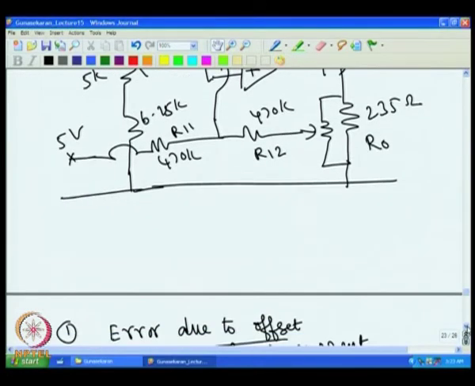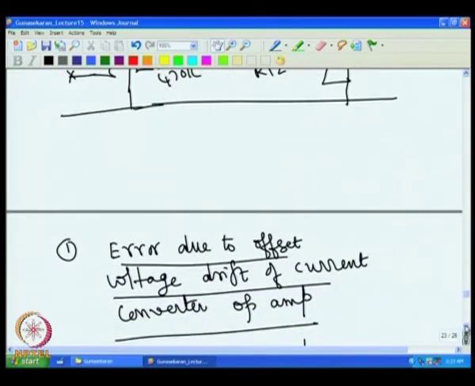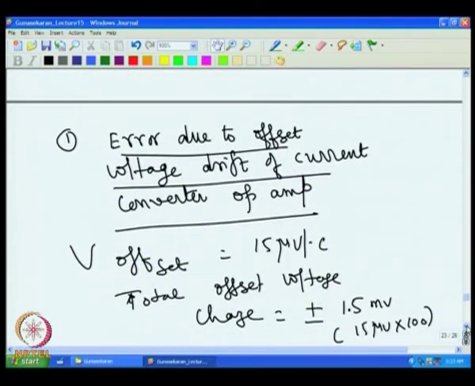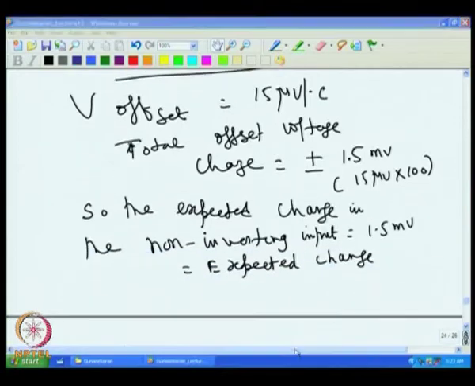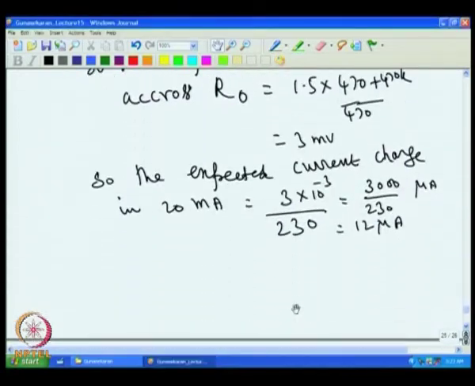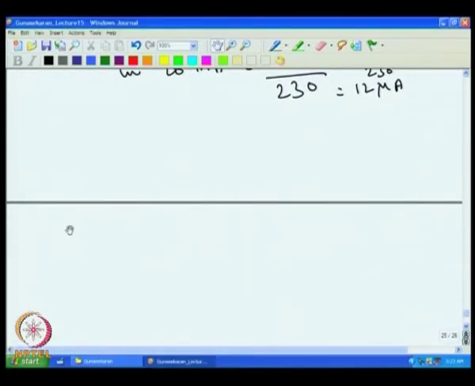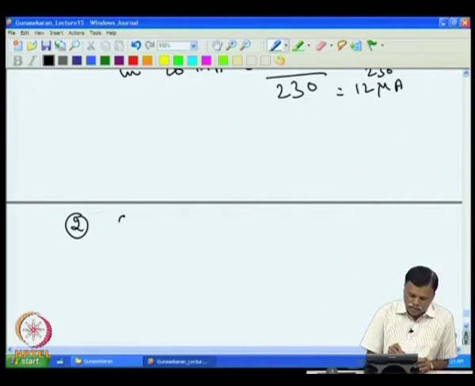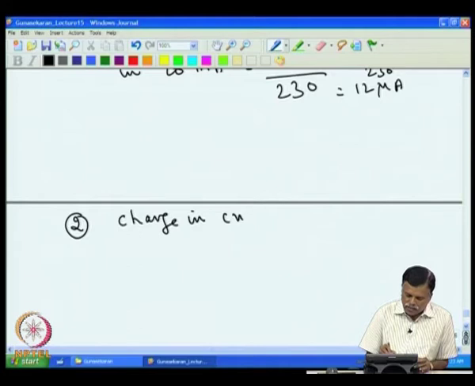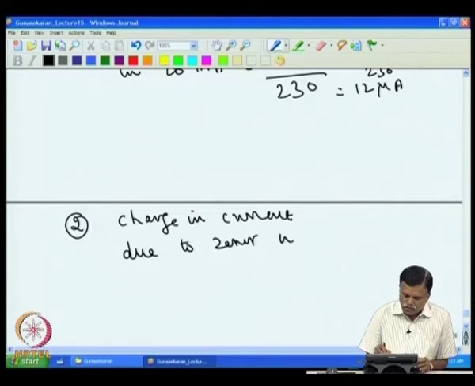So, the errors that are to be calculated are: the second error to be computed is change in current due to Zener voltage change.